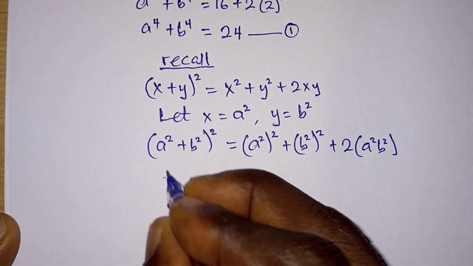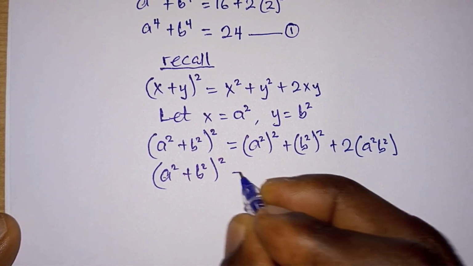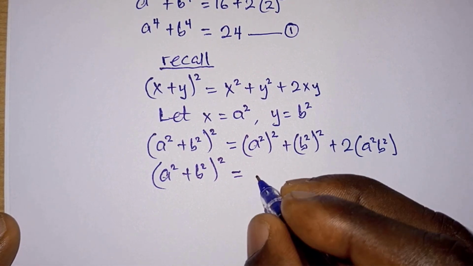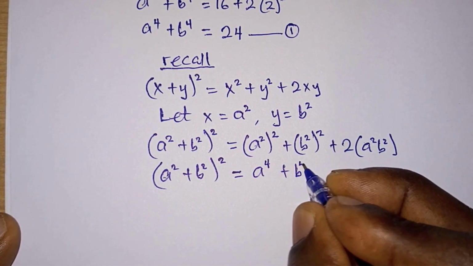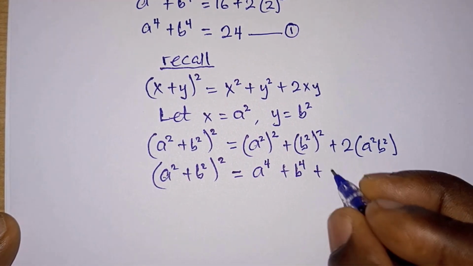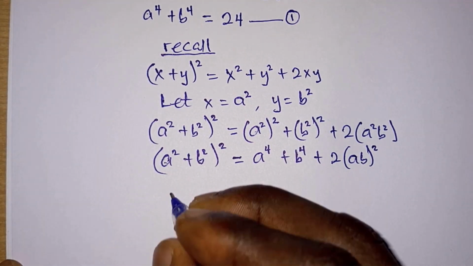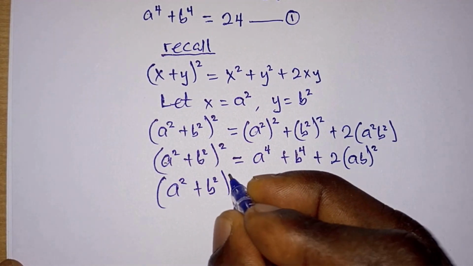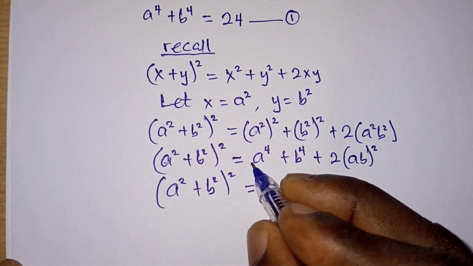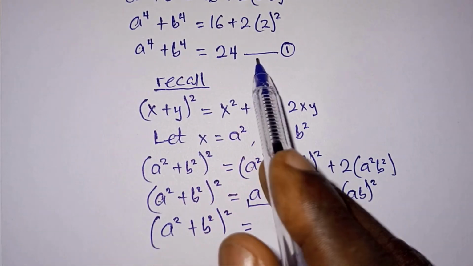Let's keep the left-hand side. We have a squared plus b squared all squared is equal to, if we expand this, a to the fourth power plus b to the fourth power plus 2 times ab squared. We know this value from equation 1 to be 24.